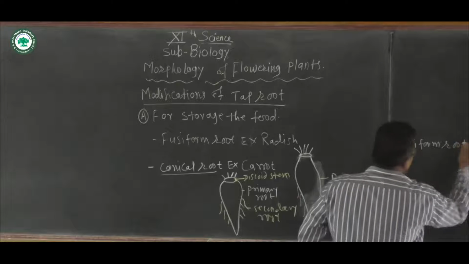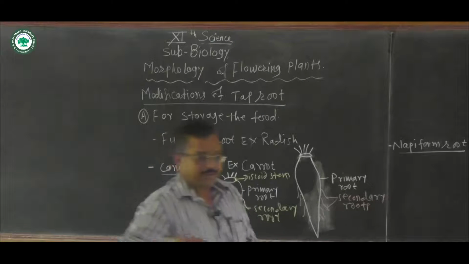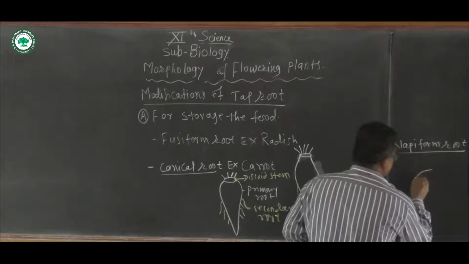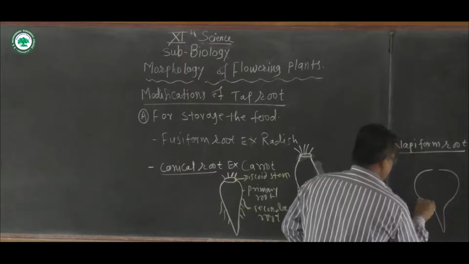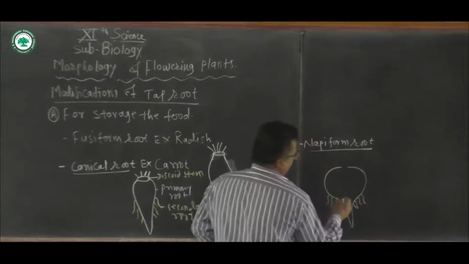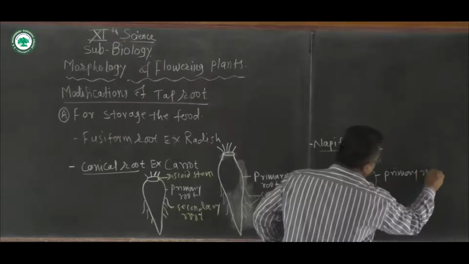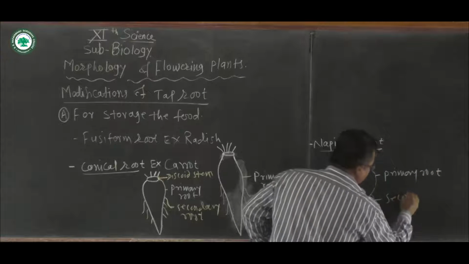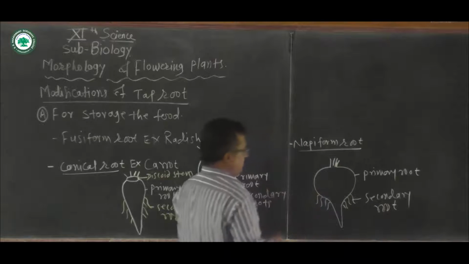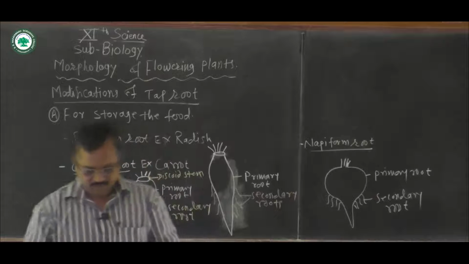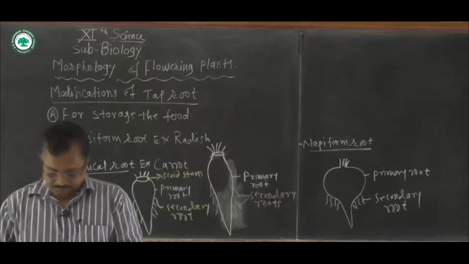Napiform root is a modification of taproot for storage of food material.